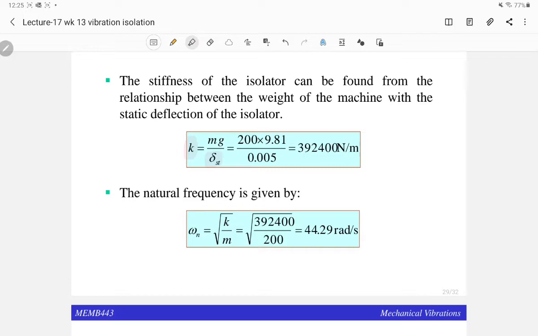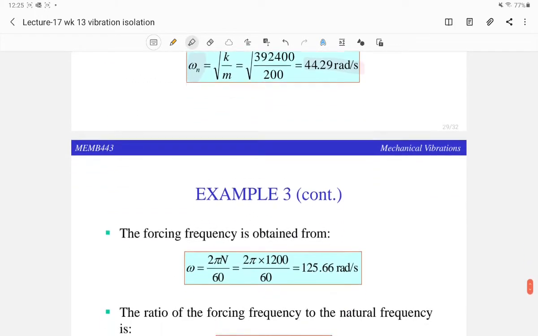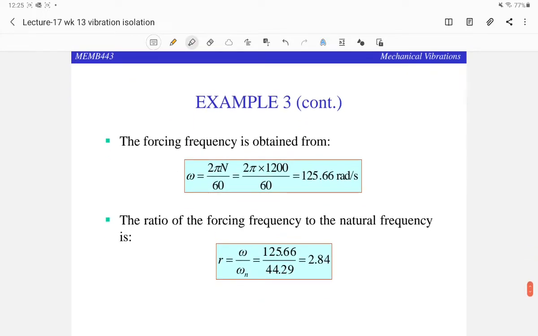Okay, it's related to that. Since you have your m, you have your static deflection, you can calculate your K. So from there only you can calculate your omega n. So in this case it's slightly different. You calculate your K first, you have your omega n first, then only you put in your transmission ratio.